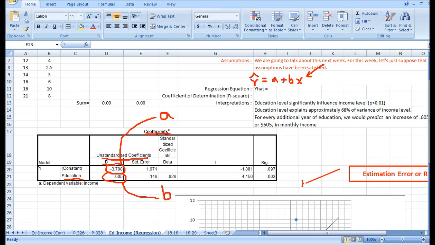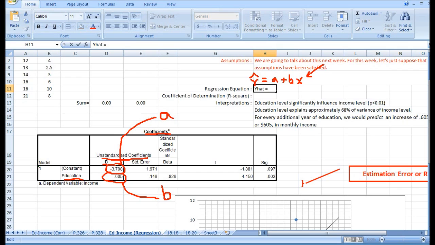So see, I'm gonna get the regression equation here. Y hat equals A. A is minus 3.708, right?